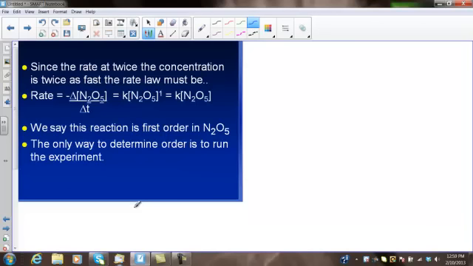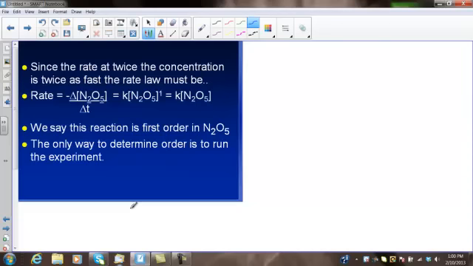Since the rate at twice the concentration is twice as fast, the rate law must be first order, as I told you a little trick earlier on. So the rate is equal to the change in the concentration of the dinitrogen pentoxide divided by the change in time, which gives us a first order reaction, or the rate is simply equal to the rate constant times the concentration of the dinitrogen pentoxide.